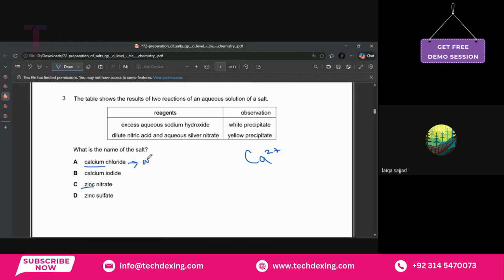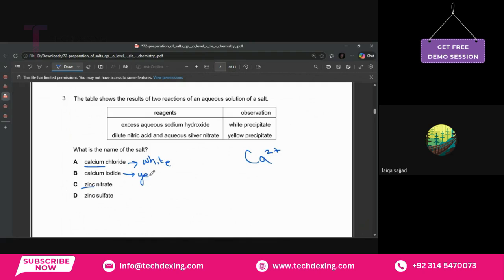What about iodide? They are yellow. Yes.